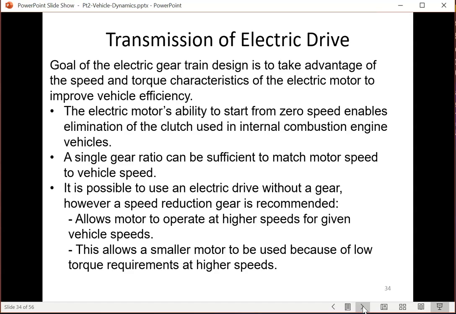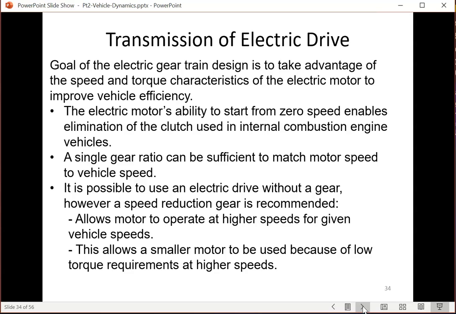The torque is mostly used to overcome the running resistances, going up a hill or the air drag. These are typically relatively small compared with the initial acceleration requirement. So in most cases, you probably just need a single gear ratio for electrical drives.